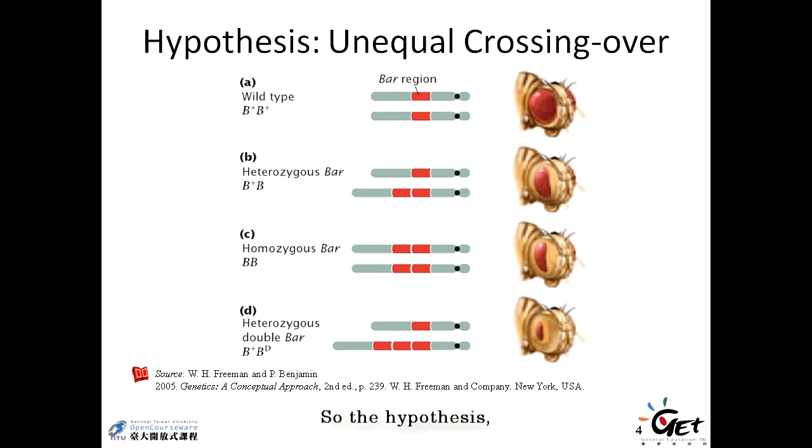So they hypothesized unequal crossing over, and this is a diagram showing it as in present-day textbooks. The eye colors and eye shapes are shown in this slide. The first one is the wild type, with the genotype. They use one red block to indicate the bar locus.